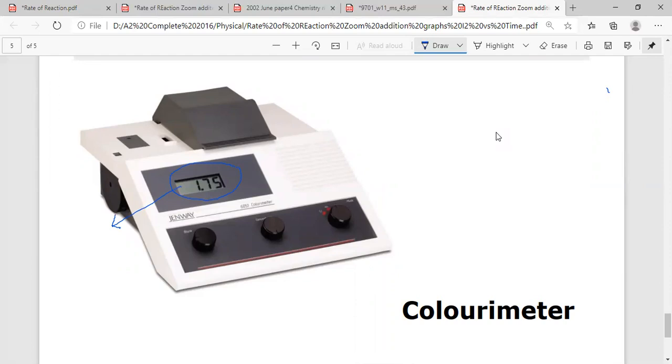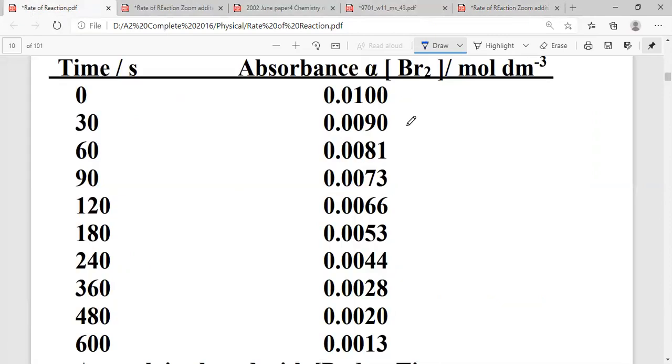As it reacts, this value will decrease. It shows you the amount of bromine has decreased, and that's why you get this data here, 0.01, 0.09, and so forth until 0.0013. So as time goes on, the amount of bromine will decrease, which means there's a decrease in the concentration of your reactants.